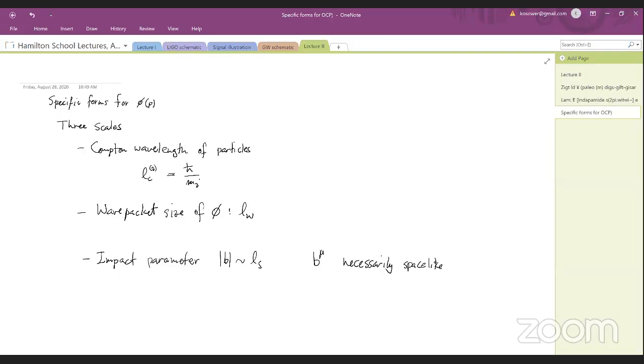So, of course, we want to do this in a relativistic setting, but as I alluded to in a response to a question in the first lecture, it is convenient to start thinking about a non-relativistic wave function.